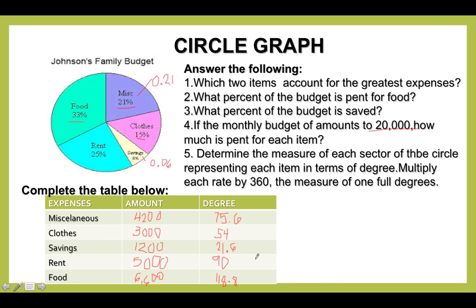So we have 75.6 plus 54 plus 21.6 plus 90 plus 118.8. Tama ba? Okay, so the total is 360. You can check it using your own calculator so that you will know if our answer is correct.